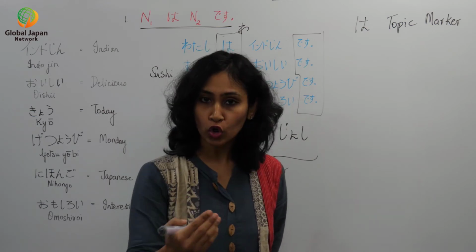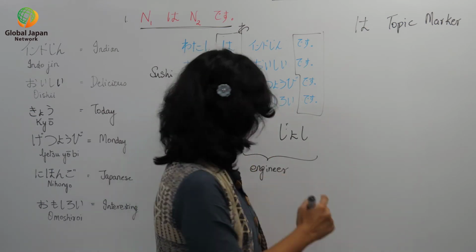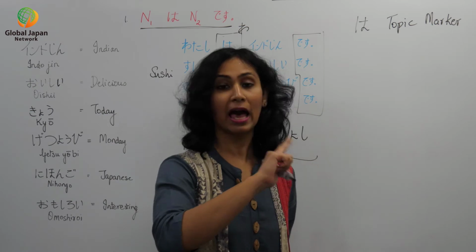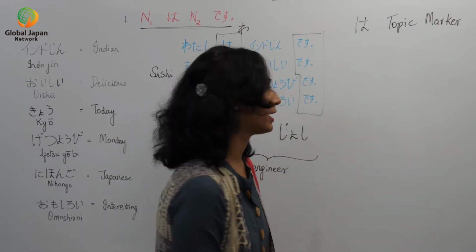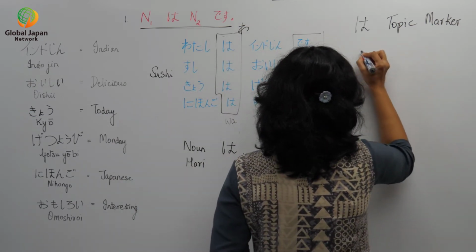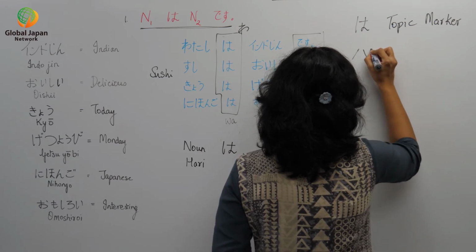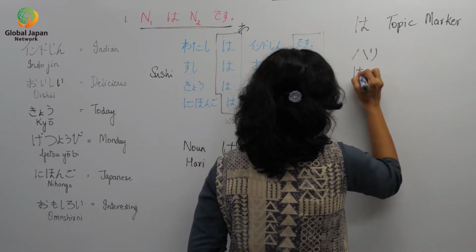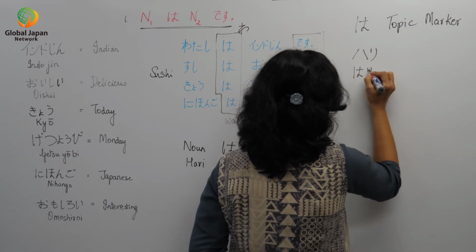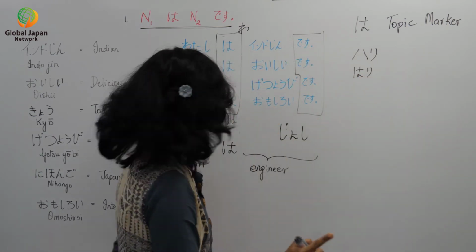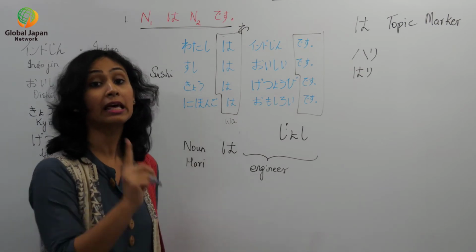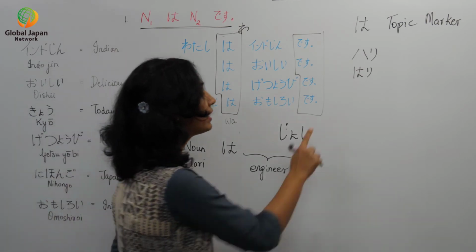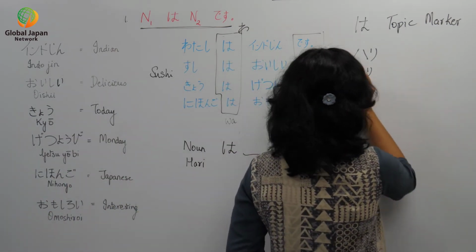But since you don't know katakana for now, I would write this word in katakana and also in hiragana so that you understand it. In katakana, this word would be written this way. But for ease of understanding, I'm also writing right now in hiragana. But surely note, it is wrong to write any foreign word in hiragana. Okay? Hari. This is the topic.